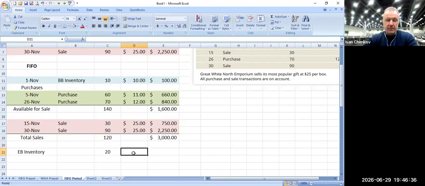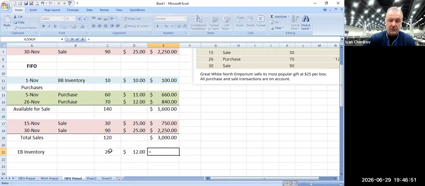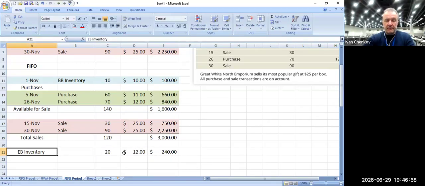From which purchase are they coming? Logically, they're going to come with the very last purchase that we made, which comes with the $12 per unit. So our ending inventory balance will be 20 times 12, $240 is our ending inventory.